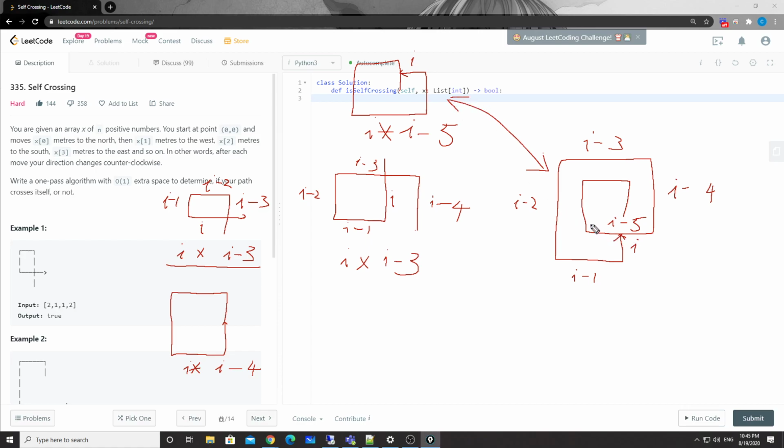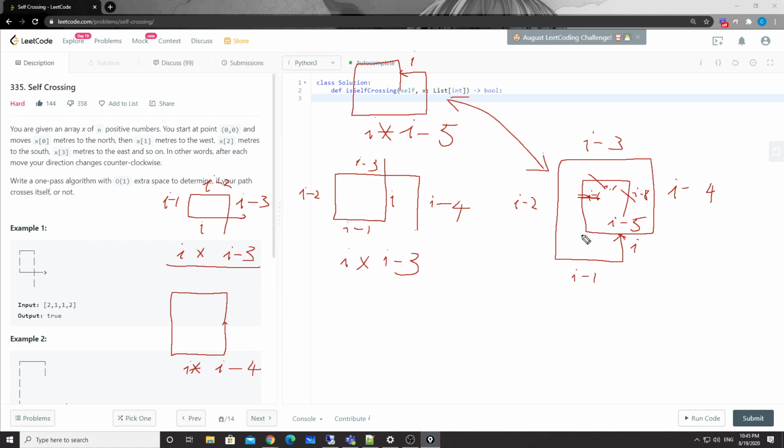Why is that? Because for I minus 6, I minus 7, and I minus 8, it doesn't matter, since they are not crossing each other. We can simply ignore those.